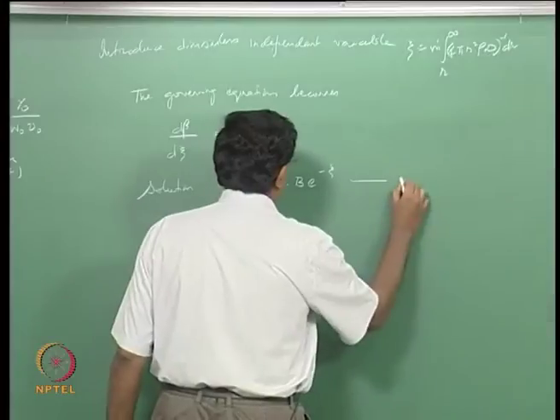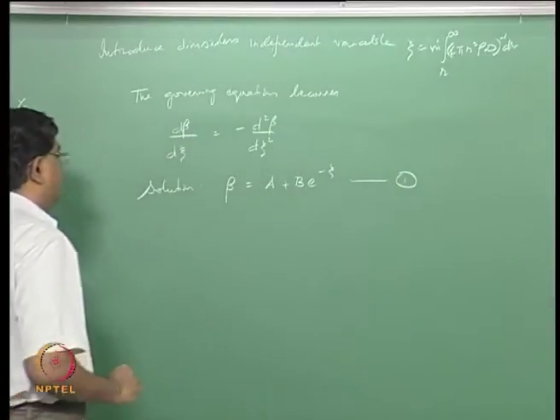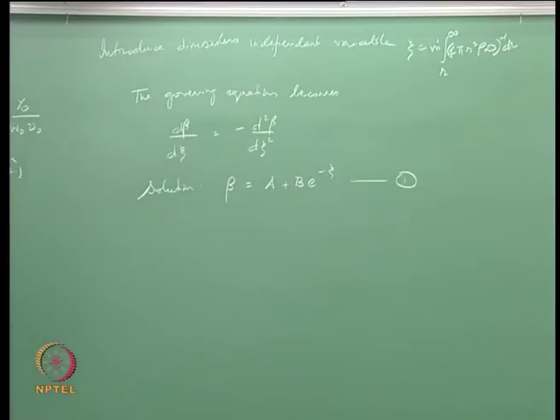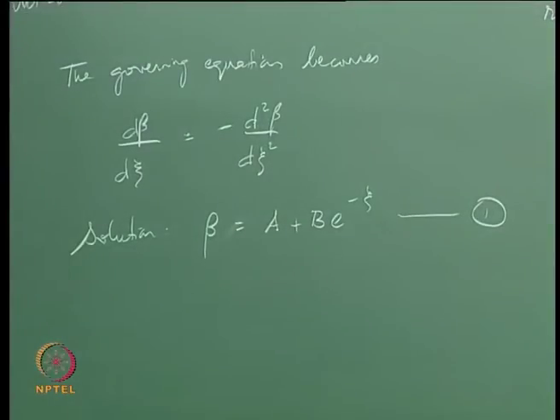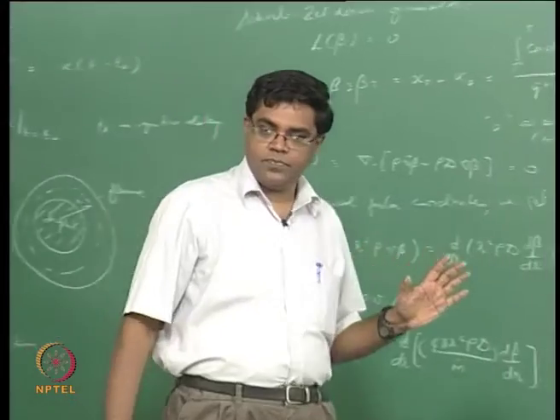Now let's call this 1. In fact, this is where we are going to start doing the problem. As of now we have not really done anything, because the problem is always defined by the boundary conditions.